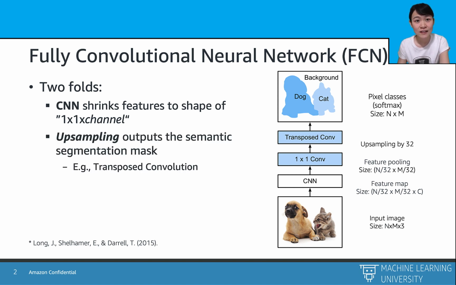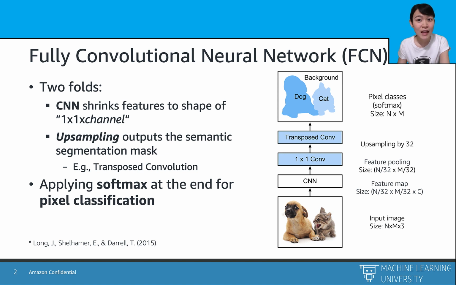And then the second half of the upsampling outputs the semantic segmentation mask, which makes sure the output size matches the input size. The commonly used method is called transposed convolution, and we will discuss more in the next slides.